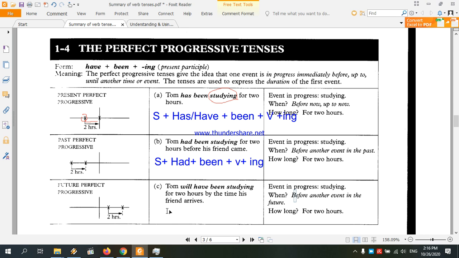Let's assume that Tom's friend will arrive at 10 p.m. tomorrow, and Tom will start studying at 8. So by 10, or at 10, Tom will have been studying for 2 hours. Tom will study at 8, and his friend will arrive at 10.